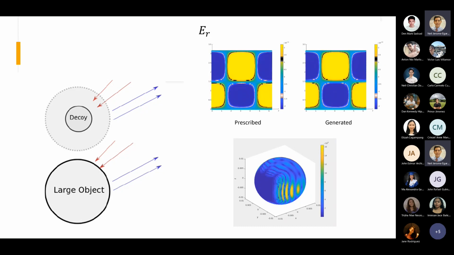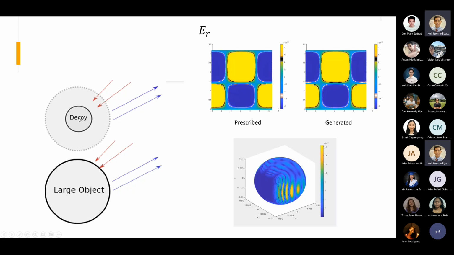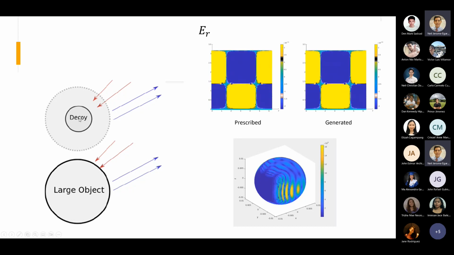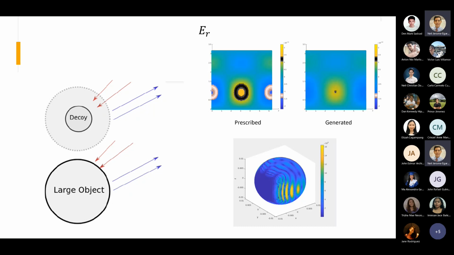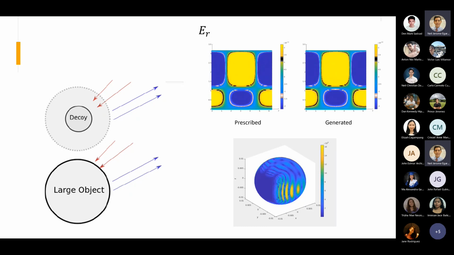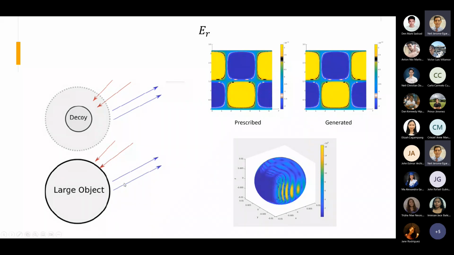I-analyze niya, meron akong maliit na object. Pero what if the decoy is equipped with electromagnetic antennas that I can control? Ibig sabihin, kaya kong computein ano yung inputs dun sa electromagnetic decoy para mag-produce ng electromagnetic wave para yung i-create niya na echo, which is the blue wave na pwedeng ma-measure ng kalaban, ay magmukhang malaking object yung decoy ko.